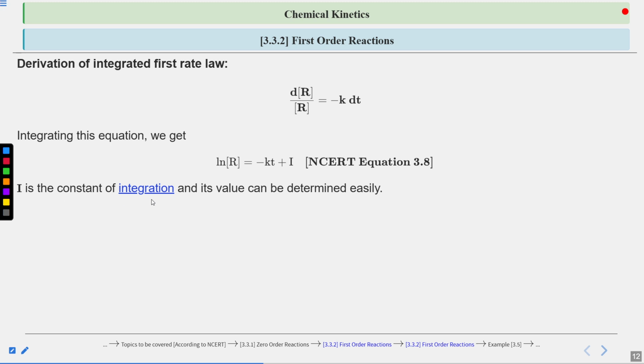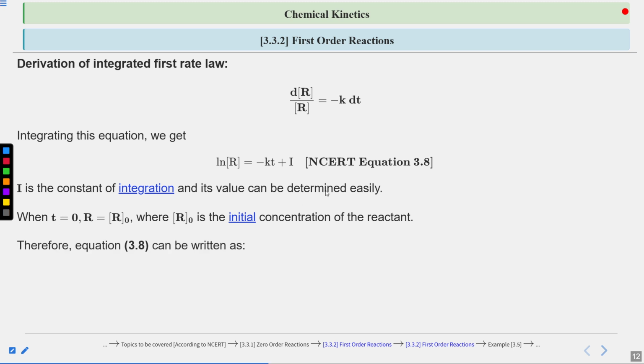I is the constant of integration and its value can be determined easily. So again, a similar thing: when t is equal to 0, at the initial time, r will be r naught, where r naught represents the initial concentration of the reactant.